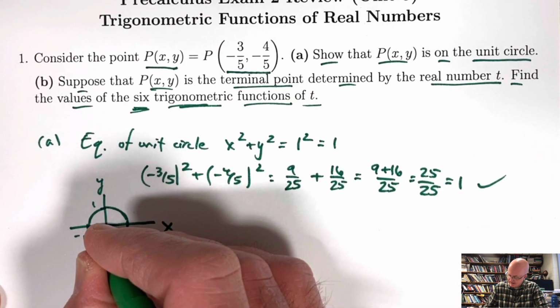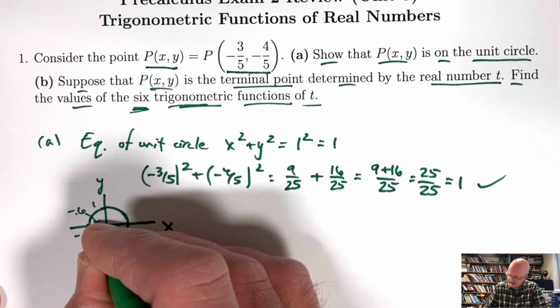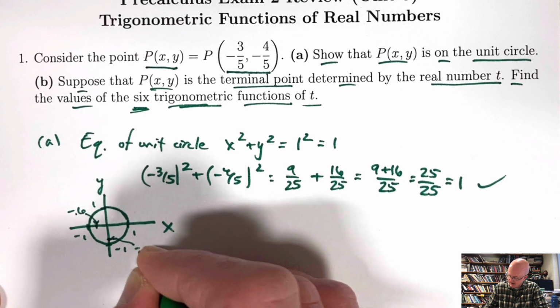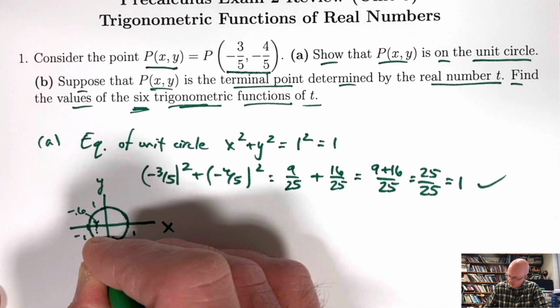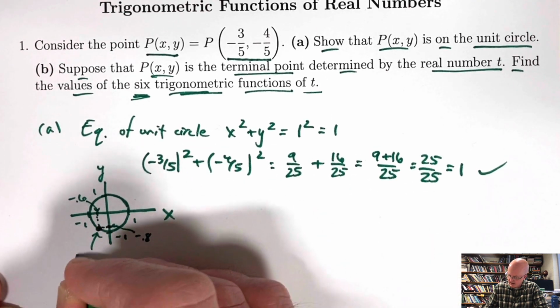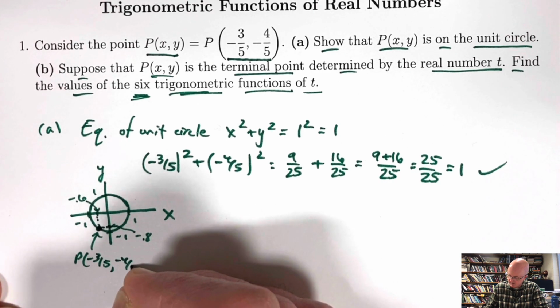Try to eyeball it. -0.6 is right around there on the x-axis, and -0.8 is right around here on the y-axis. Figure out where on the unit circle we get to from those points. It's right about there. There is our point P with rectangular coordinates -3/5, -4/5.